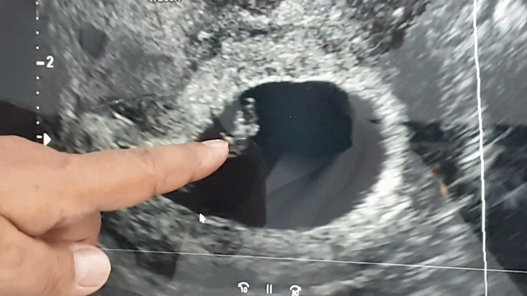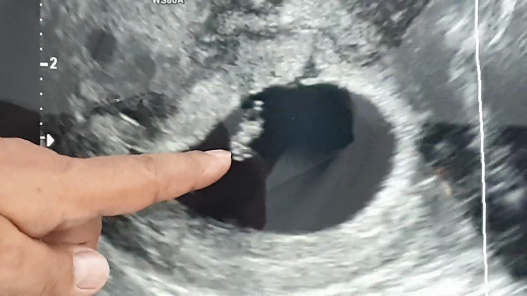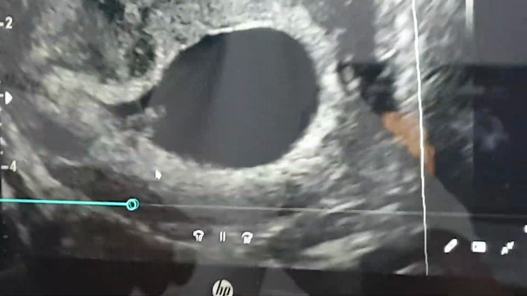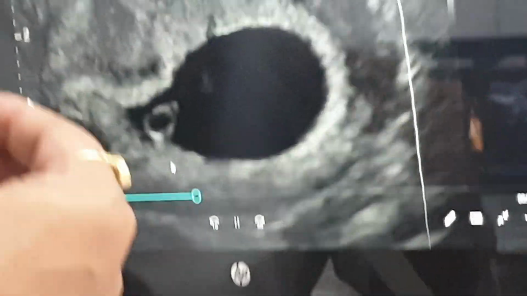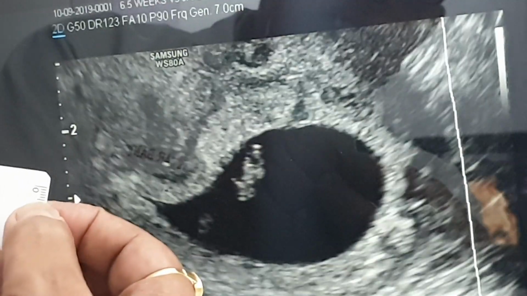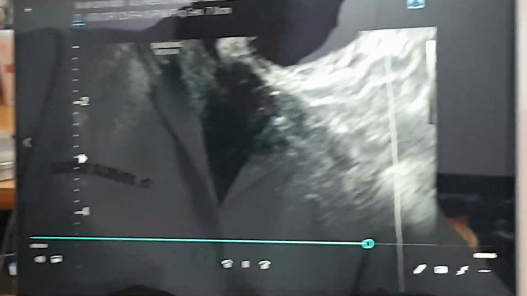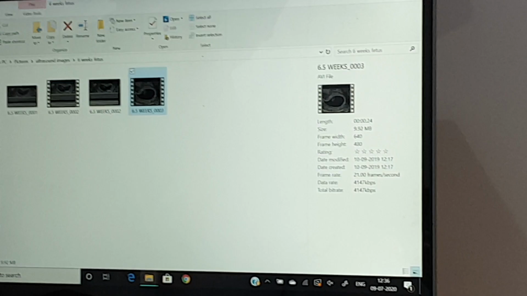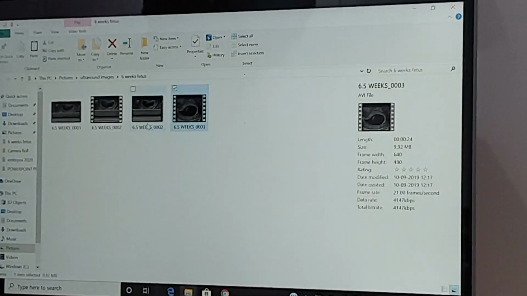You can see the size of the baby is 5 millimeters. If I measure it, I will get this size. So at 5 millimeters, at 1.5 months, we get the fetal heart.